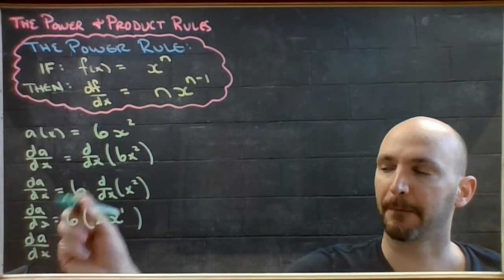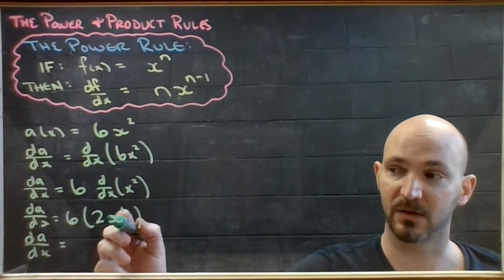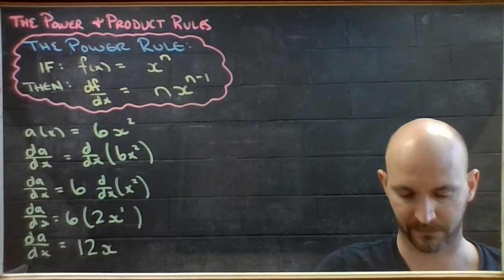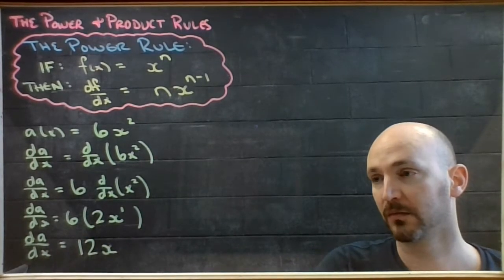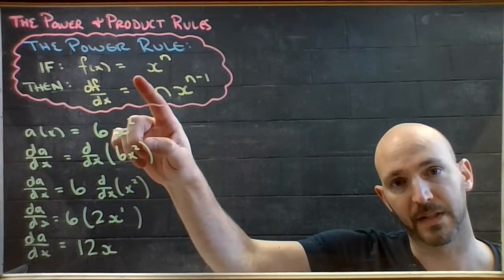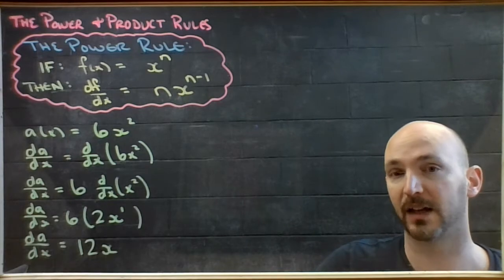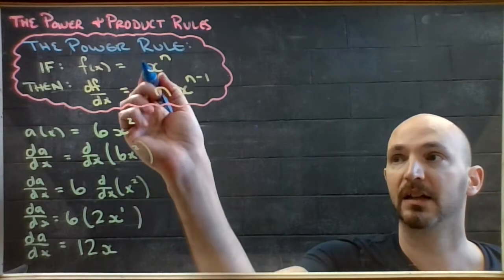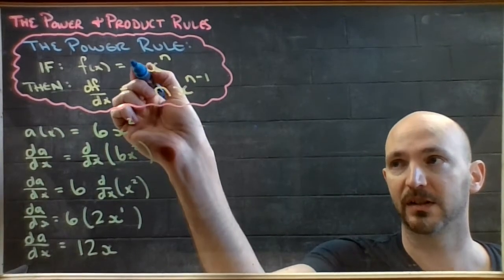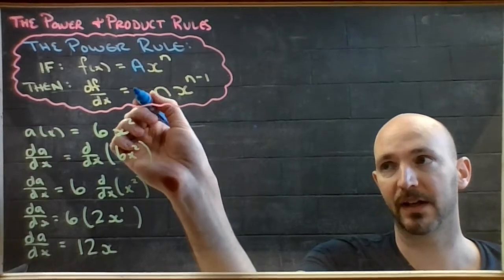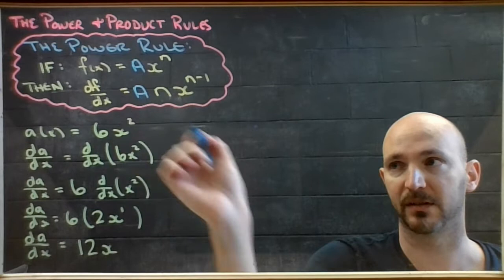So my derivative here ends up being 2 times 6 is 12x. So I'm going to add in that a value up here so that we know that it's there and we know what to do with it if we see it. That if this function has an a value, then that a value just shows up in front like we've been used to.